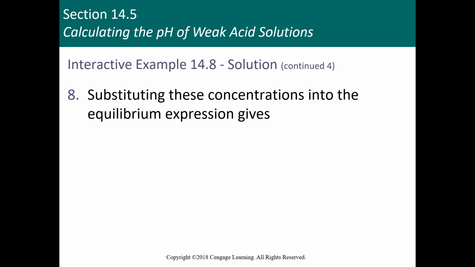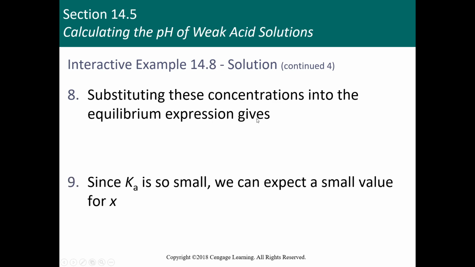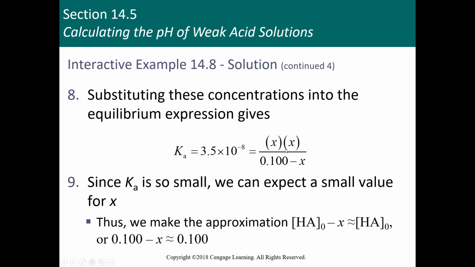If we substitute these concentrations into the equilibrium expression, this gives us X squared over 0.1 minus X. If you wanted to do this problem, it would be a little on the harder side because you'd have to do your quadratic. However, Ka is a pretty small value here, isn't it?